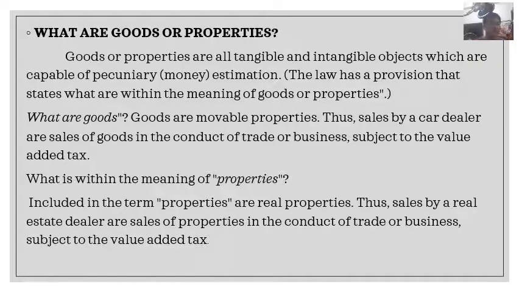What are goods or properties? Goods or properties are tangible and intangible objects which are capable of pecuniary estimation. So, ang goods and properties are tangible and intangible. May physical characteristic or wala. Pwede mong establish yung presence using your senses.